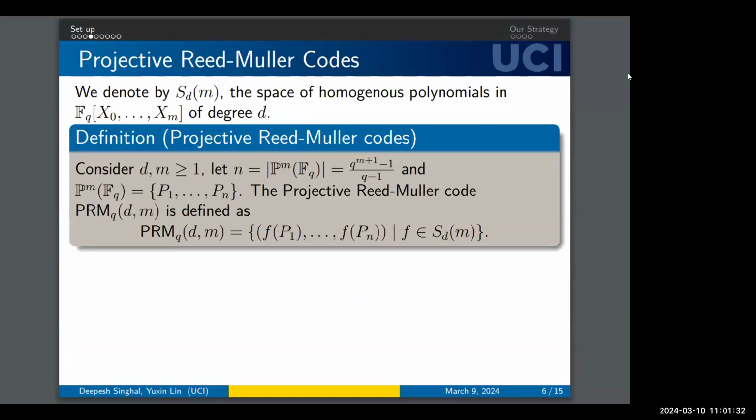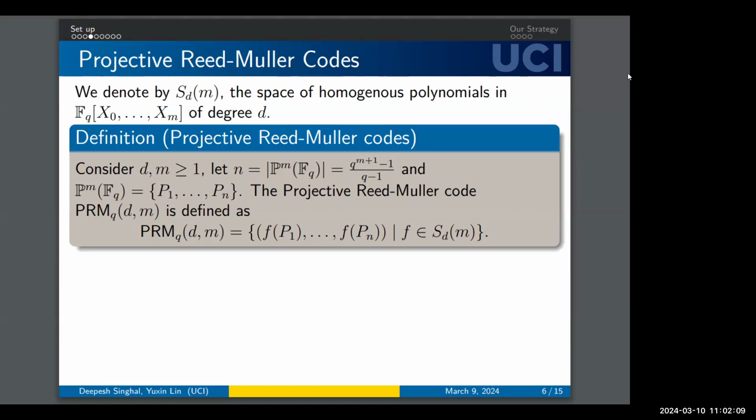And then we look at the projective version of this problem. There are these projective Reed-Muller codes, for which we start by considering polynomials in m plus 1 variables, and we look at homogeneous polynomials of degree d. This time we let n be the size of the projective m-space over F_q, and we enumerate the points of projective m-space as P_1 to P_n.